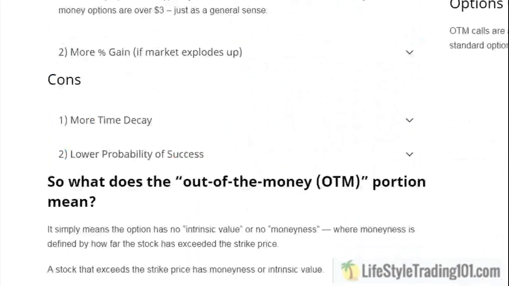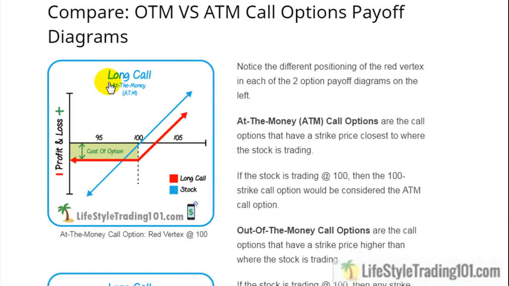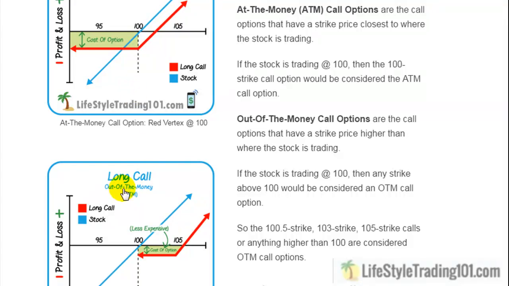If you compare a payoff diagram of an at the money call option versus an out of the money call option, an at the money call option is when the vertex of that hockey stick call diagram is at the same vertical line as the stock, which is at 100.